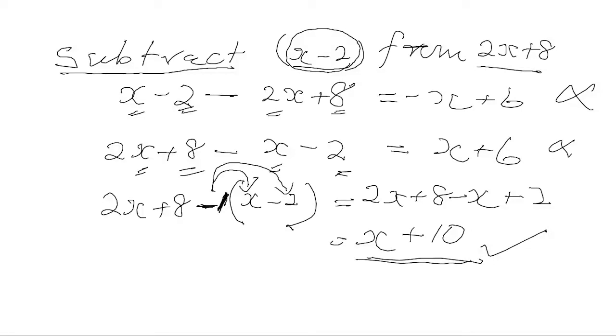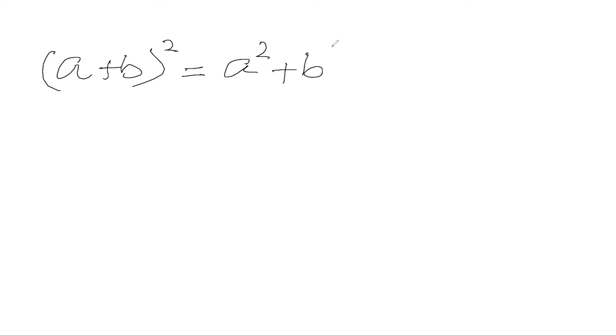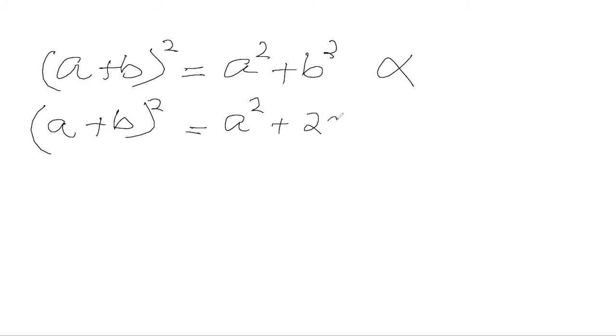Then let's move to the next basic error done by many students. Say (a + b) to the power 2. Simply they do like this: a squared plus b squared, which is wrong. The correct answer is (a + b) to the power 2 is a squared plus 2ab plus b squared.